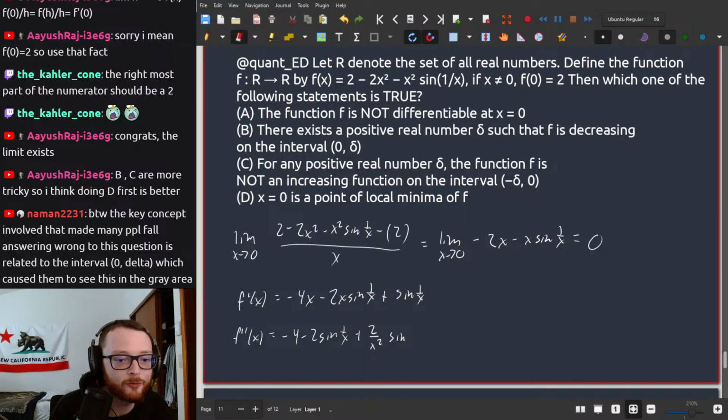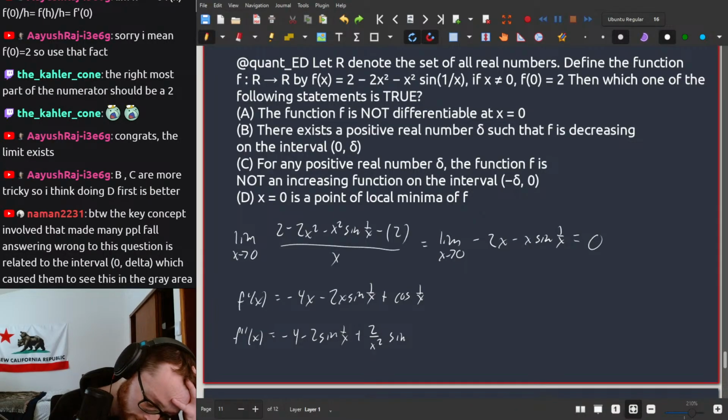Oh, wait, I didn't do this derivative right. It should be cosine. Does cosine 1 over x have the same problem as sine 1 over x? It should, yeah.